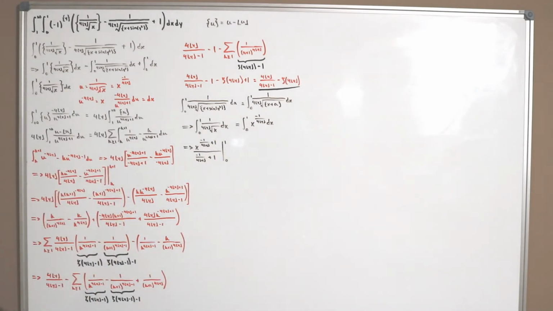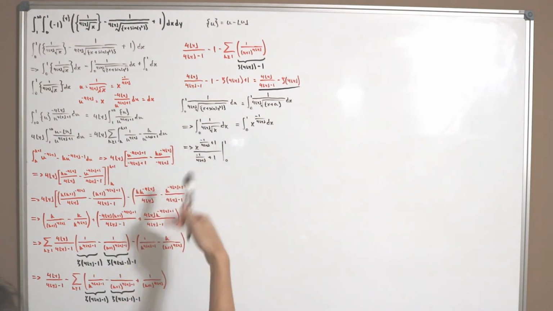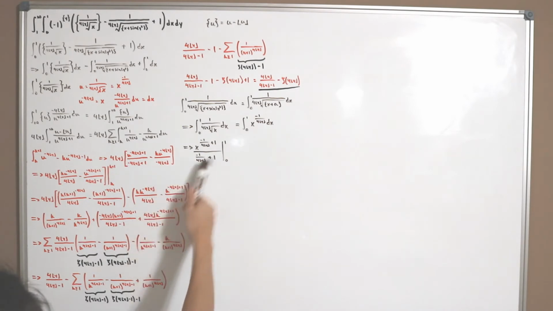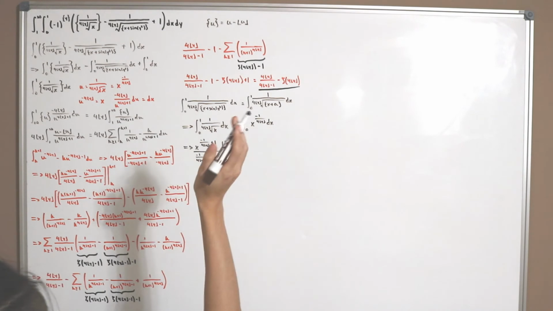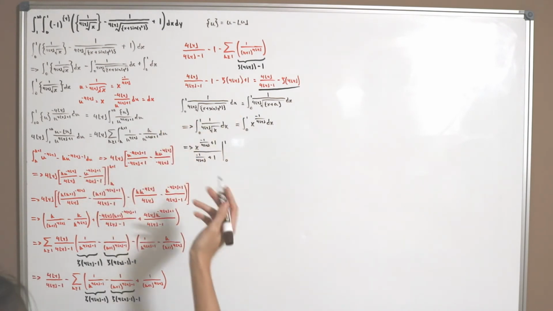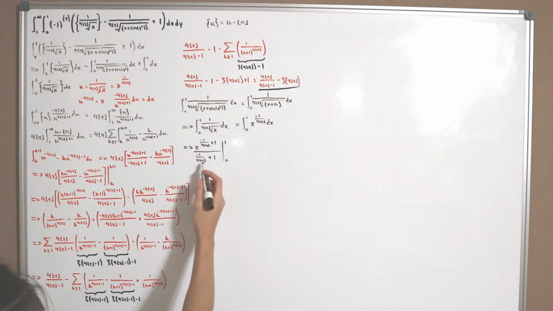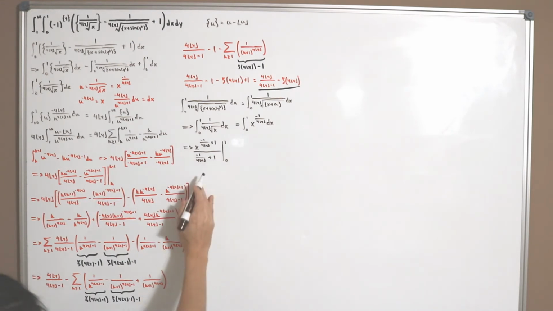Okay, it's easy to see that if you plug in 0, you just get the whole term as 0. And if you plug in 1, then for any exponent it's always going to equal 1. So this is basically just 1 divided by -1 divided by 4 floor y plus 1.